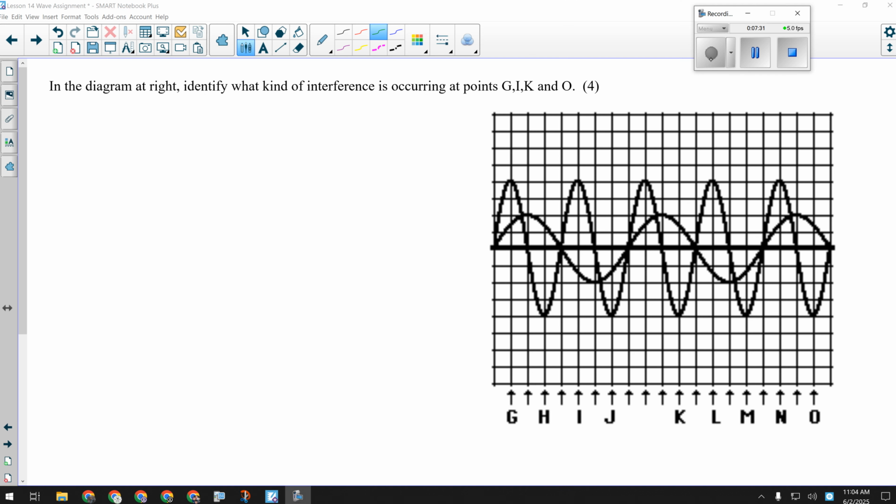So in the diagram at right, what kind of interference is occurring at G, I, K, and O? All we're looking at is whether the waves are in phase or out of phase at these points. At G, this one's up, that one's up. Constructive or destructive? Will the amplitude get bigger or smaller?